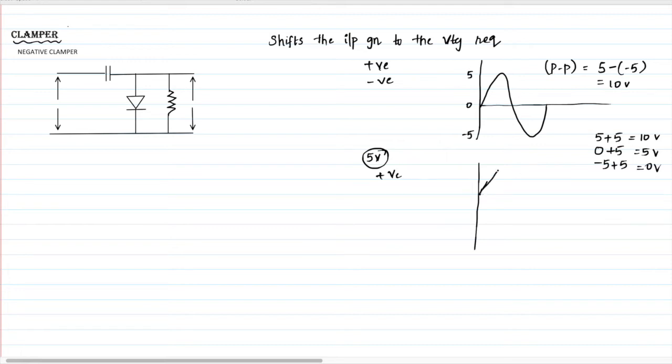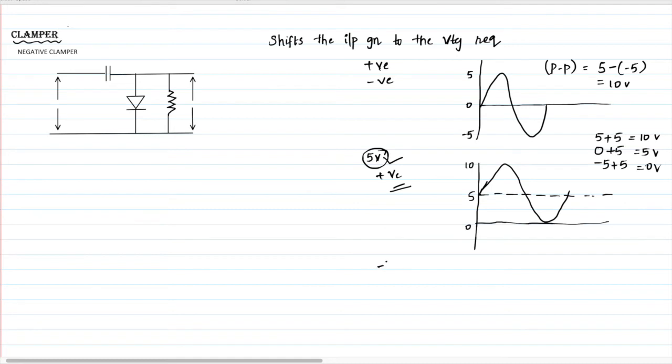Now the minus 5 is 0. So this is the new DC voltage. This is 0, this is 5, this is 10. So here the signal is shifted 5 volt up, because that's the positive clamper we are using. So the signal is shifted upwards for plus 5 volt.